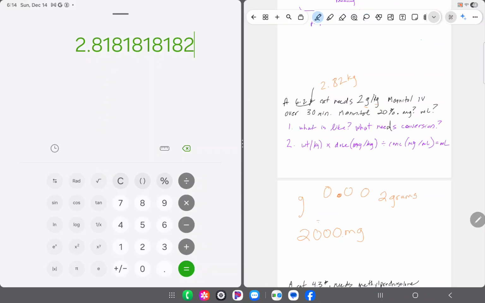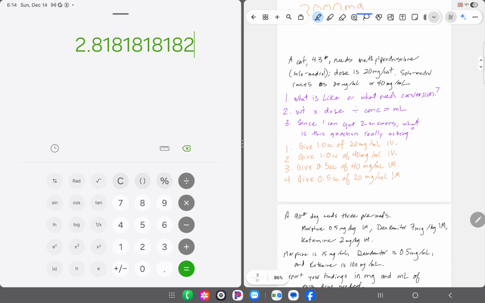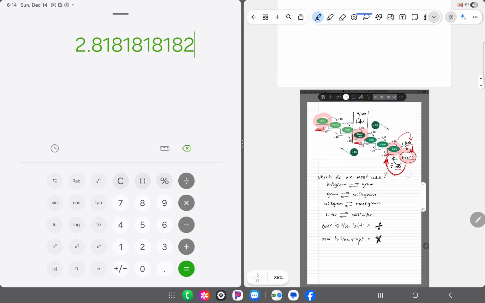Okay? Now, if that isn't quite second nature to you yet, I understand. I had to get myself a chart like this and sit there and go, okay, what's the difference between the base unit, or gram, and a milligram, or even a microgram? What's the difference? Am I going 3 places to the left?